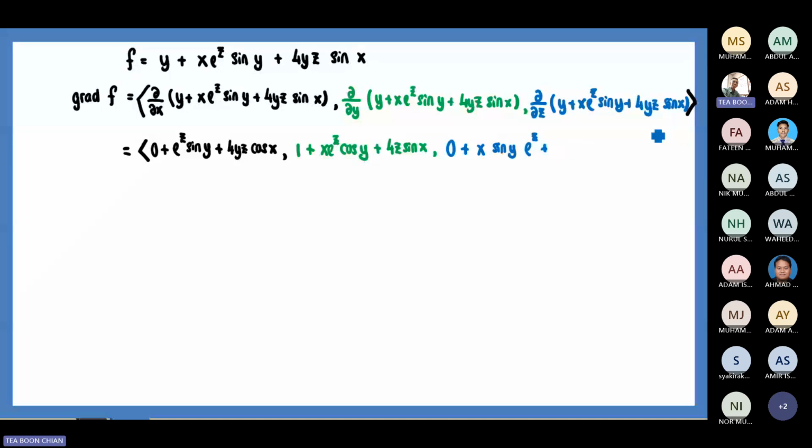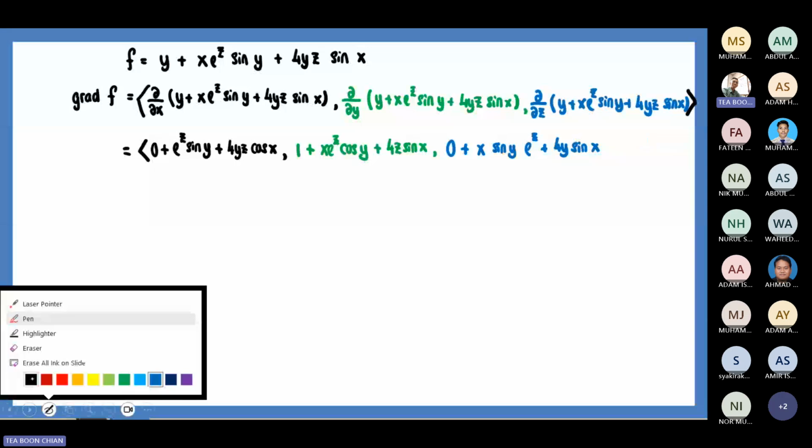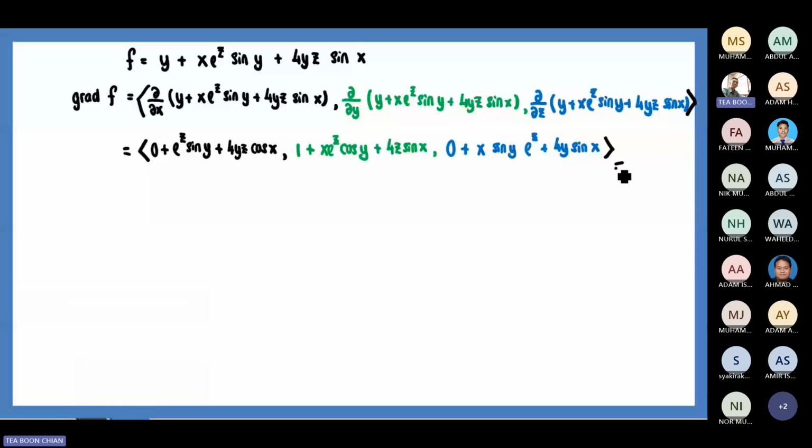There is also z, therefore 4y sin x not related, put aside, differentiate z, you get 1. So in the end, this whole long string is the gradient of the divergence of f. This is the only thing that you try to obtain in the end of this computation. So you just need to be careful, do slowly, make sure every term that has that particular variable, you differentiate partially correctly.